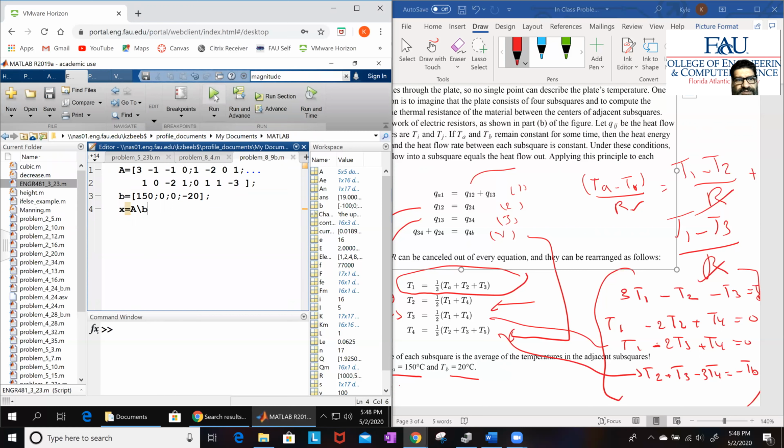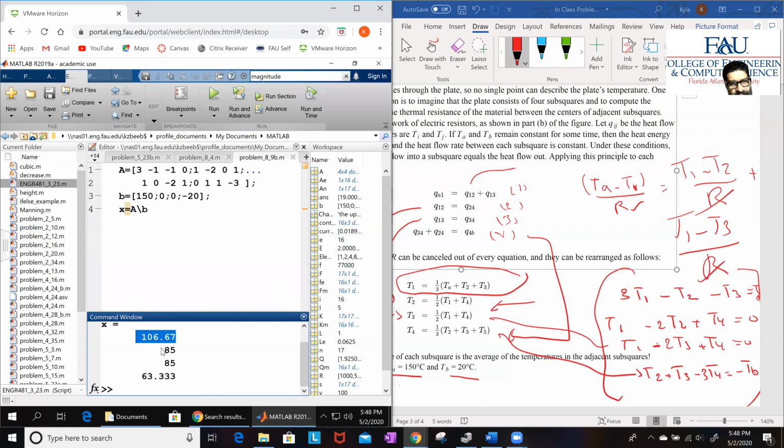Let's run this one here. If you run it, you'll see that this is the temperature in the first sub-quadrant. This is for the second, the third, and this is the fourth. So these are T1, T2, T3, and T4.